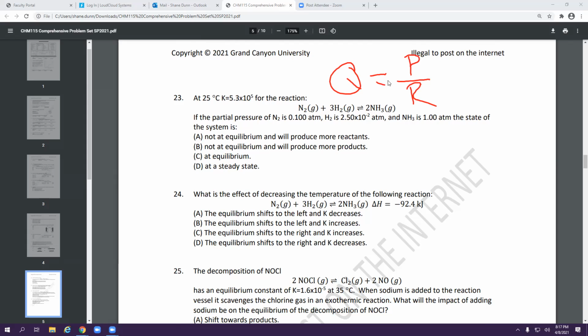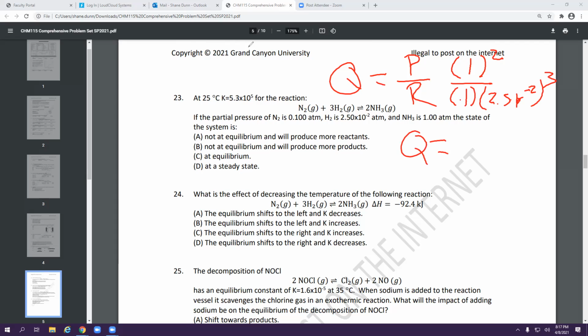So my product is, technically I'm not going to use brackets because these are gases. I'm going to use parentheses. So 1 squared over 0.1, and then, well, 2.5 times 10 to the negative second, and that is cubed. So what does Q equal?